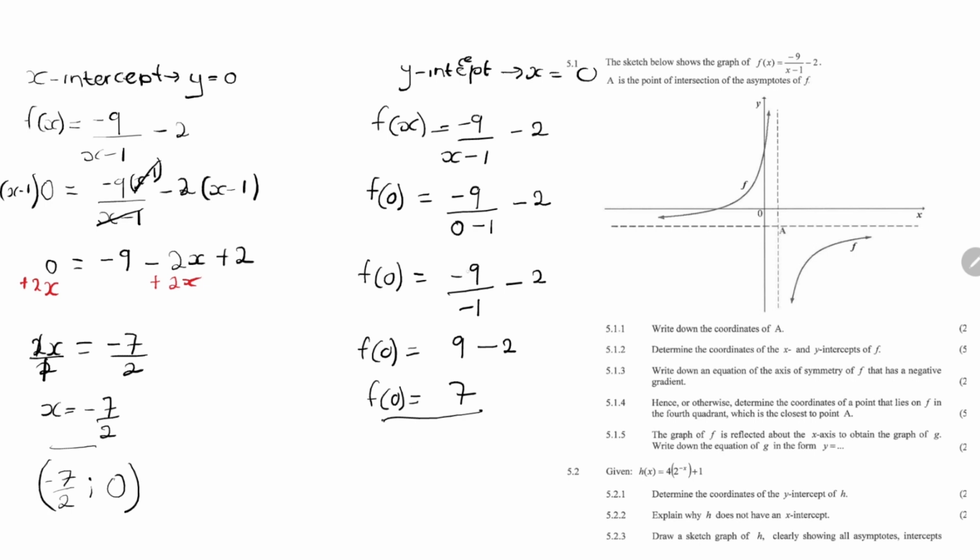And this side, we have to write the y-intercept. 7 is not the coordinate of the y-intercept. It is a y value of the y-intercept. So to write the coordinate, we will have 0, comma, 7. So this is the y-intercept and this is the x-intercept.